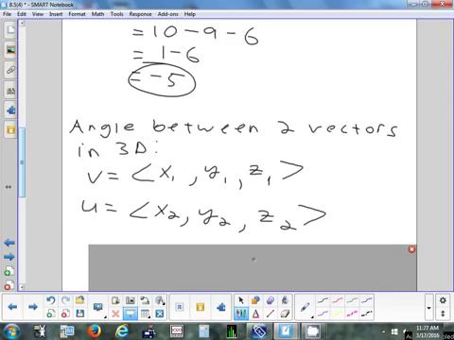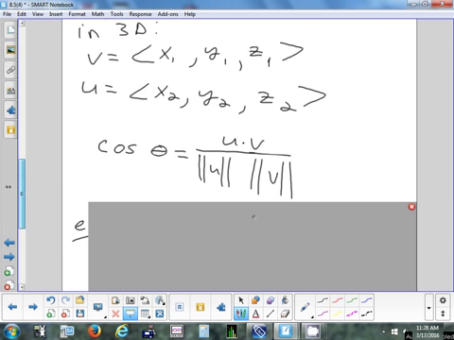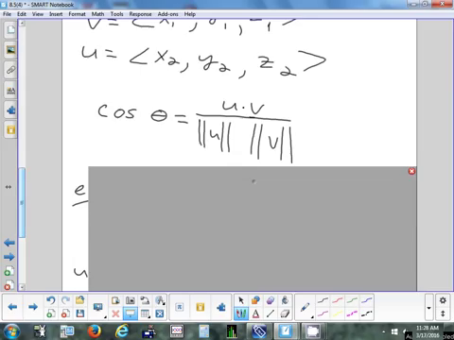The dot product over the product of the magnitudes equals cosine theta. Well, it's exactly the same formula. The only difference is it's a 3D dot product divided by a 3D magnitude times a 3D magnitude. But the formula itself stays the same. It's just that the things you plug into it now come from 3D vectors.